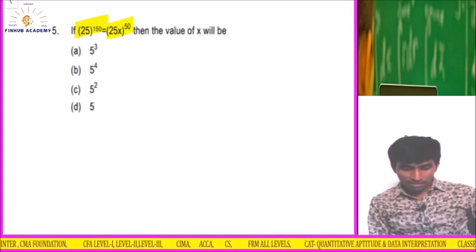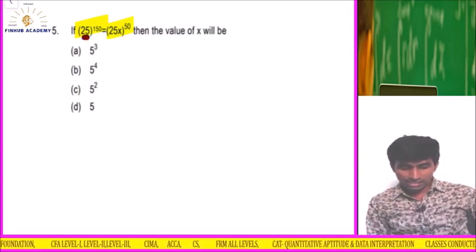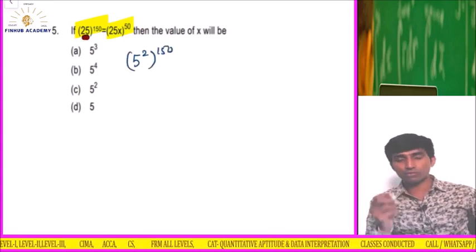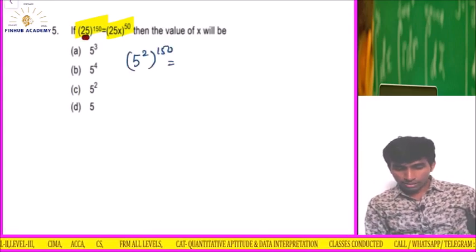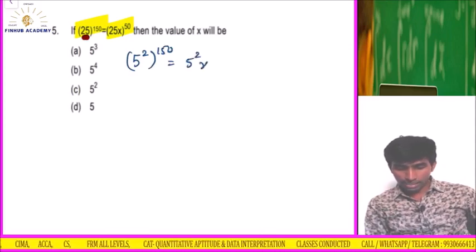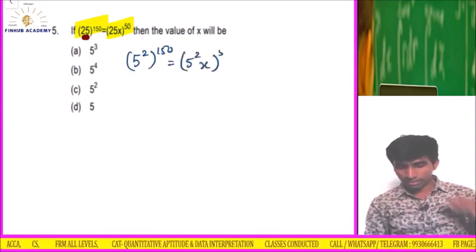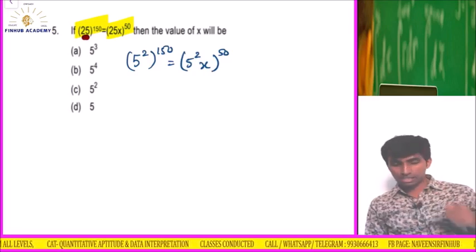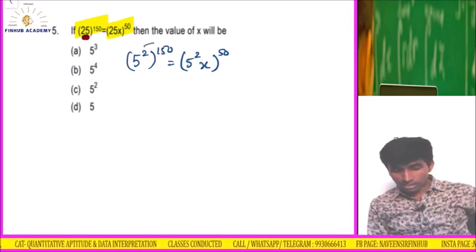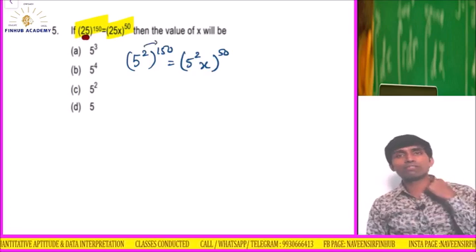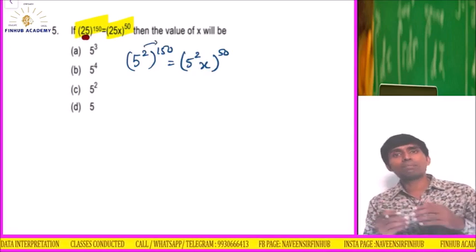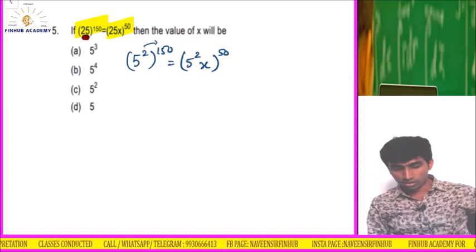So first, I can write this as 5 square, the whole raised to 150, since 25 is 5 square, equals, here also I can write 5 square into x, the whole raised to 50. So 5 square the whole raised to 150 means, if I want to explicitly write in the base of 5, I can multiply the powers: 2 into 150 is what?